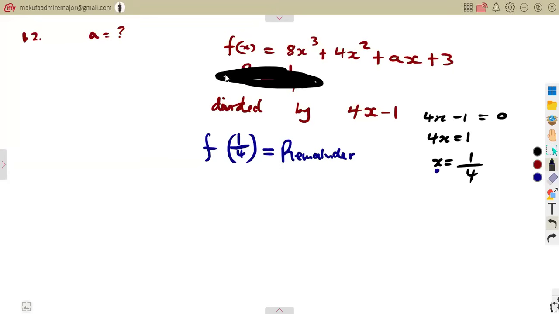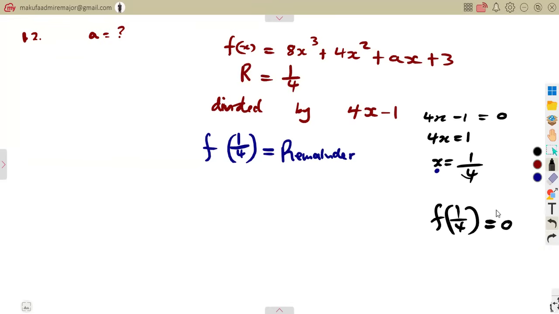If they say this here is a factor, which means there's no remainder, it means the f of 1 over 4 that I calculated was supposed to be equal to 0, because when there's a factor, there is no remainder. The remainder is 0. But always f of that x that you calculated is equal to the remainder.